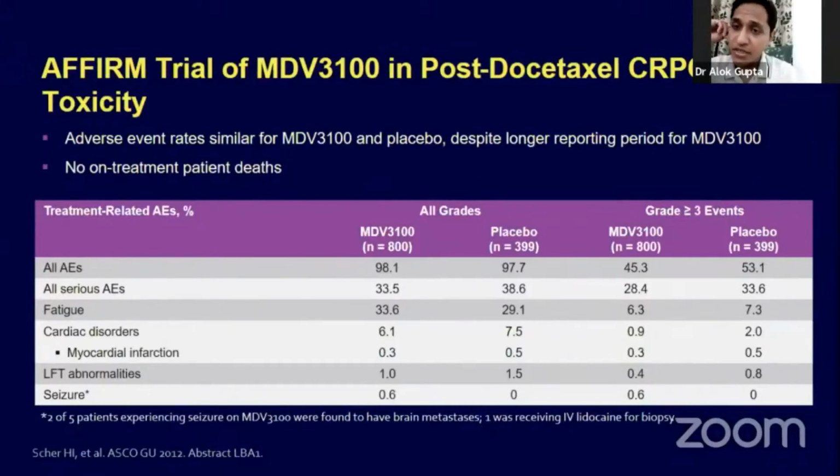In this initial trial, 5 patients on the enzalutamide arm developed seizures. At the end of the day, it was only 0.6% of the entire trial population. But it has been highlighted that patients with underlying seizure disorder should avoid using enzalutamide.